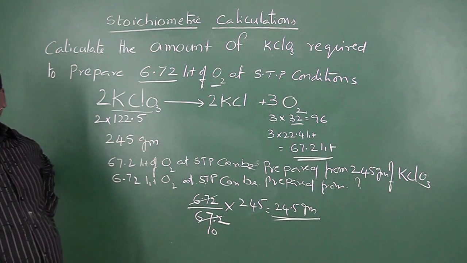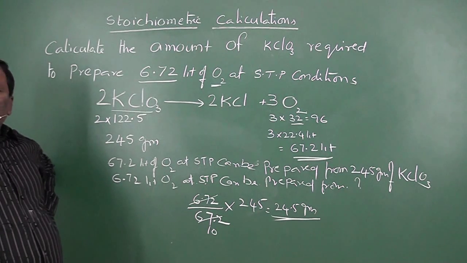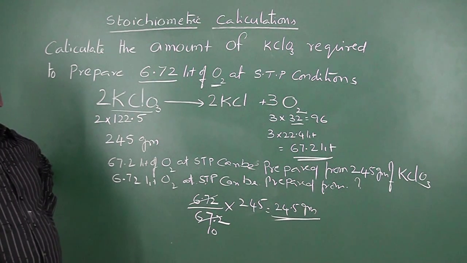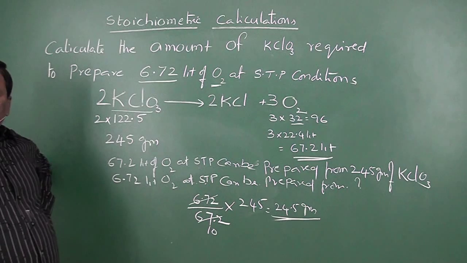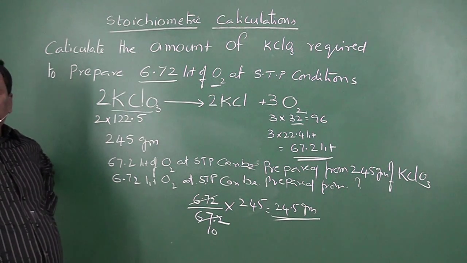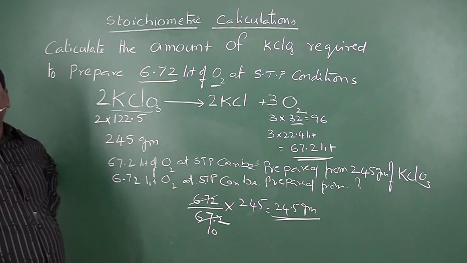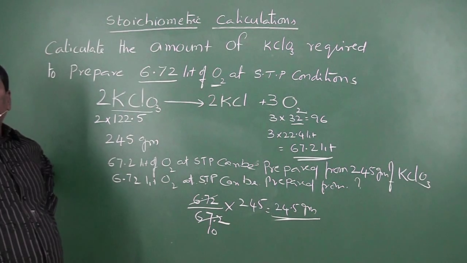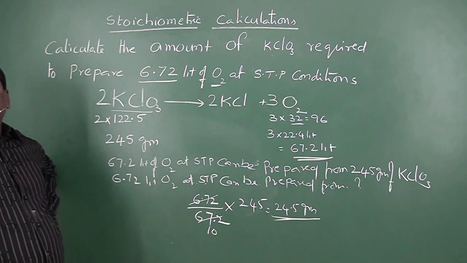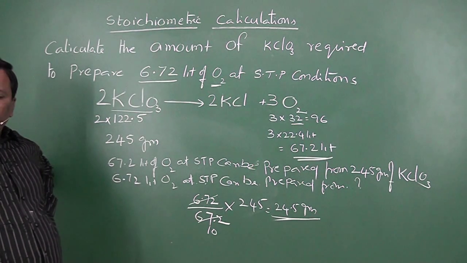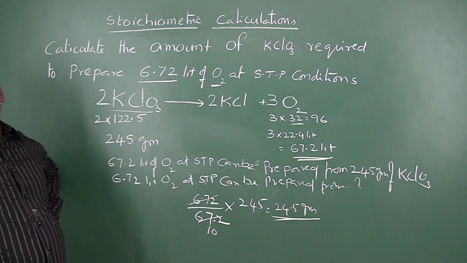Potassium chlorate on heating decomposes to give potassium chloride and oxygen. KClO3 gives KCl plus O2. That is the required equation for the above reaction.